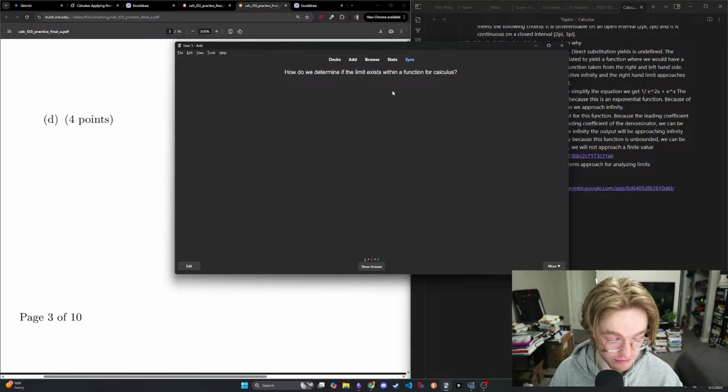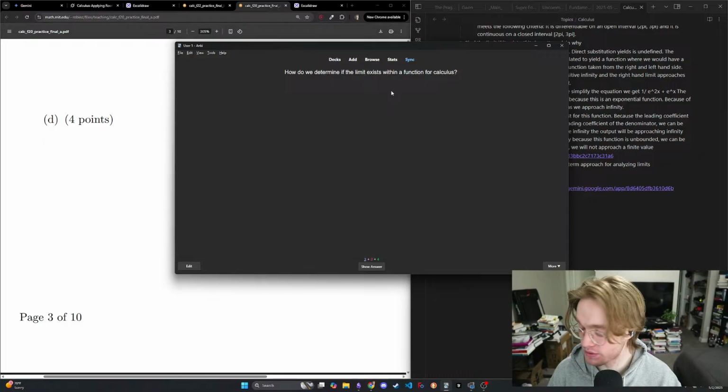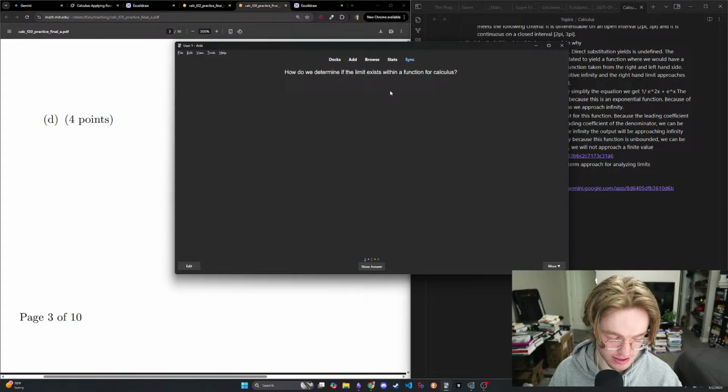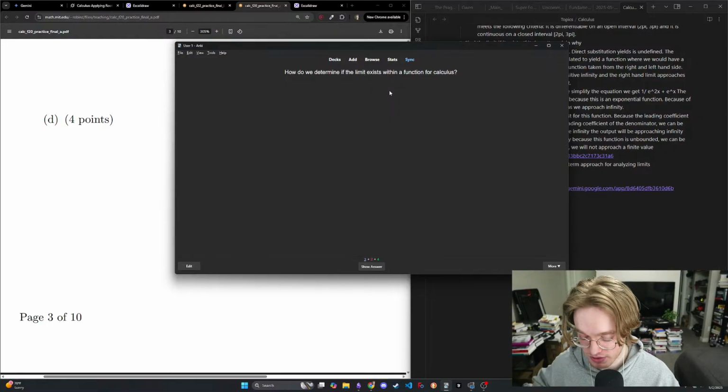If we come back with a finite value, then we have one. If we don't come back with a finite value, analyze the limit from the left and right side and see if they're equal. Additionally, you can also try to grab an algebraically equivalent function. So if it's a function that has a lot of stuff going on, you can try to find an algebraically equivalent function.